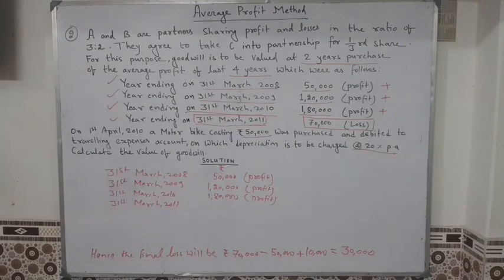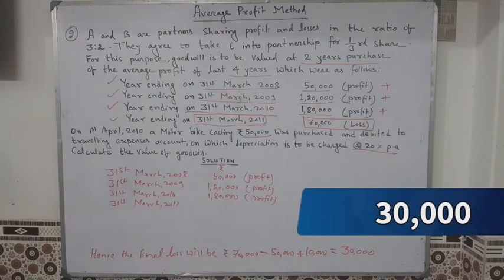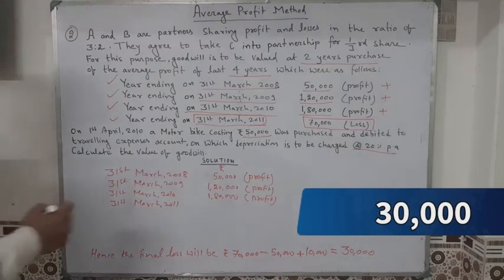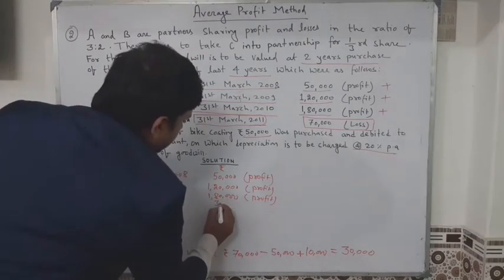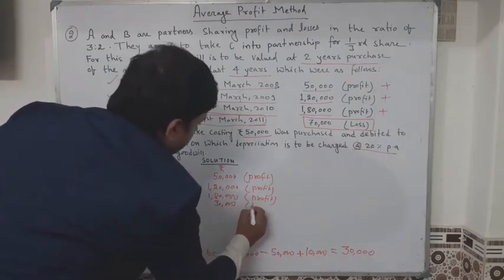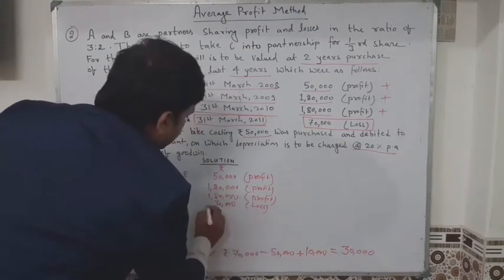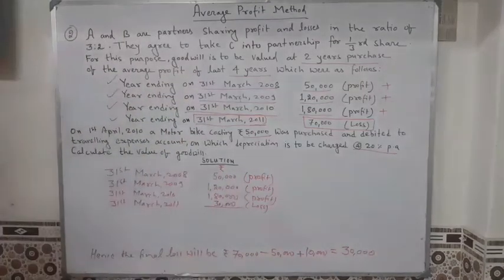Here we will write 30,000 loss. Then calculate it.